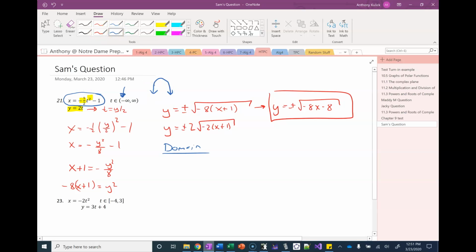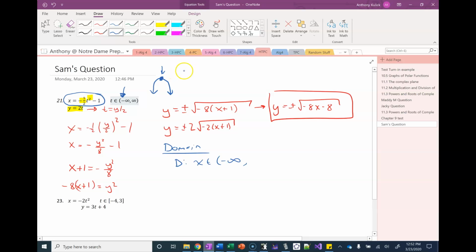So it's going to look like this. And since t is going for all real numbers, my domain for the x's is going to start at negative infinity because the arrow is pointing down, and end at the y coordinate for the vertex.